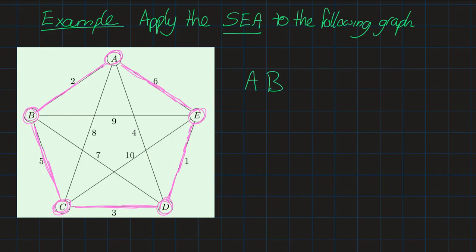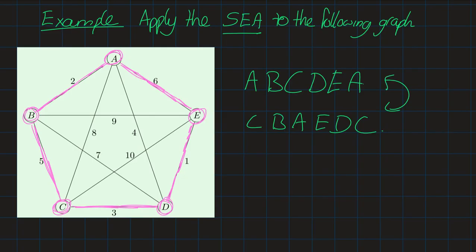You can write it down as A, B, C, D, E, A. Notice when you choose to write down the answer, there's some ambiguity about where to begin, but it doesn't matter. Like if you wrote this down as C, B, A, E, D, C, it's the same thing and you'd still get full credit.